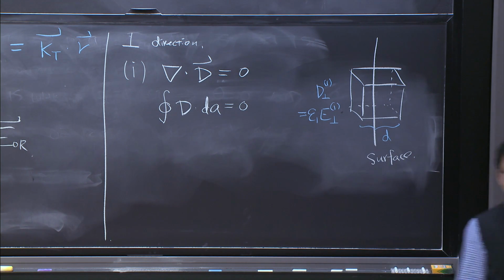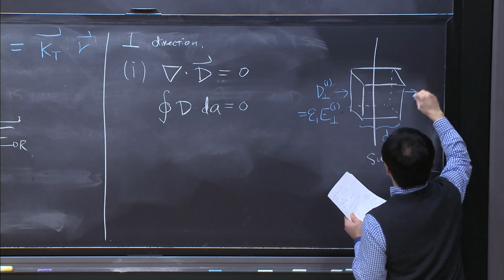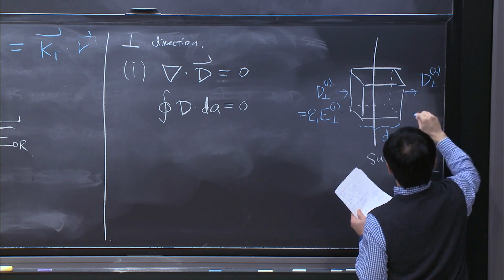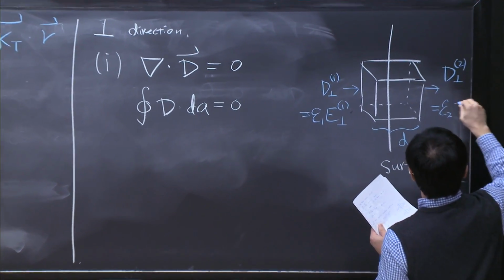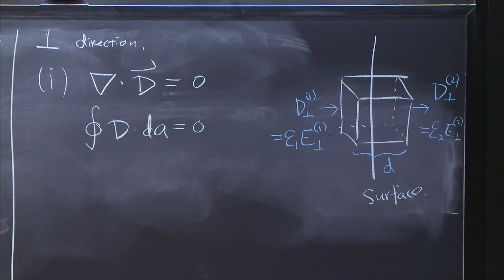Epsilon 1 is the permittivity of material number 1, which is equal to epsilon 0 in this case, because this is air. And on the right-hand side, you have D perp 2, which is equal to epsilon 2 E perp 2. So now I have figured out the field going into this pillbox and the field going out of it.